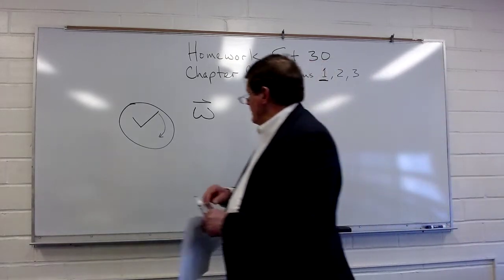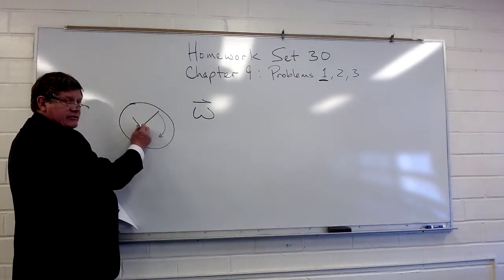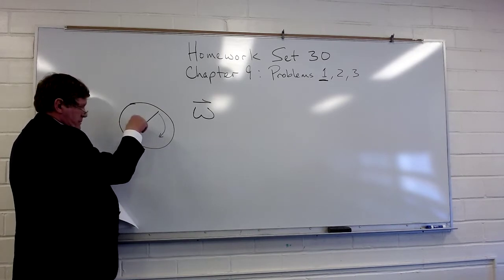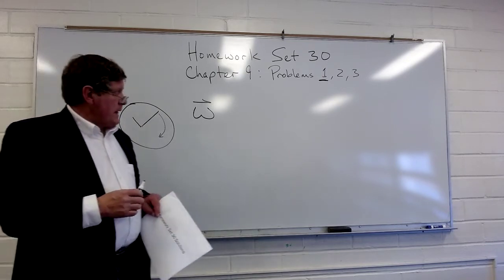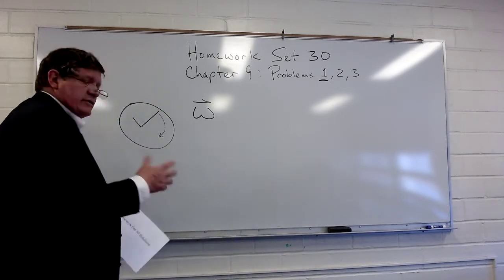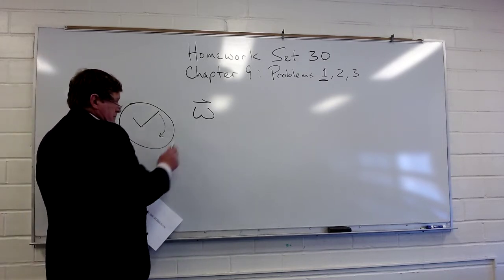In this case, as this rotates, I either have this direction that doesn't change out of the page, or the direction into the page. So what we have to decide is which of those two directions we are going to assign to this vector omega.